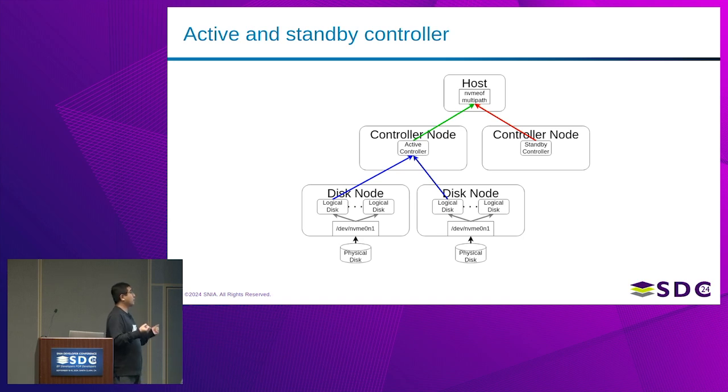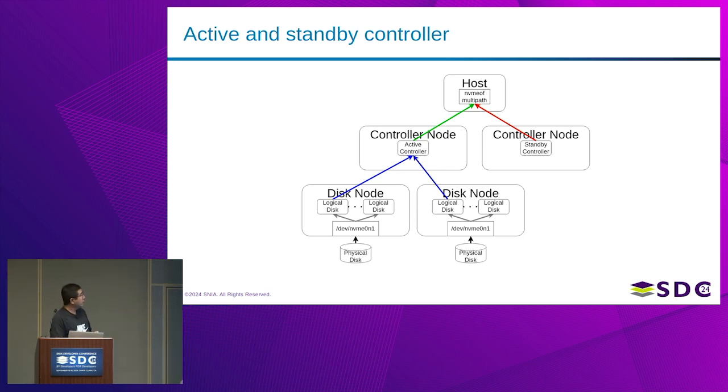We can have a control plane code. If the controller node failed, we will promote the standby controller to the active controller and change its status to optimized. Then the host will know it and send I/O to the standby controller.